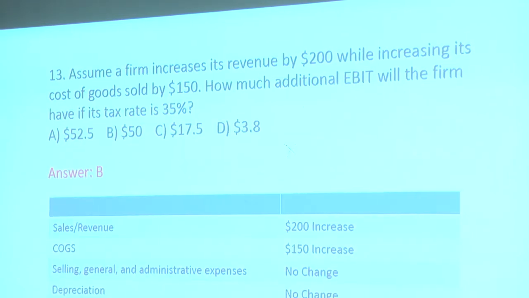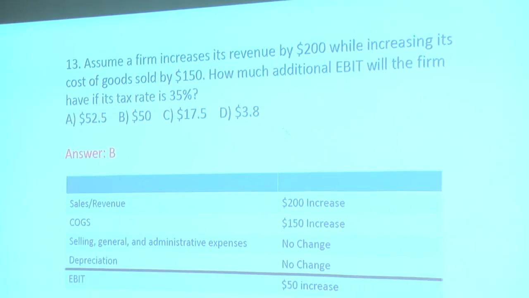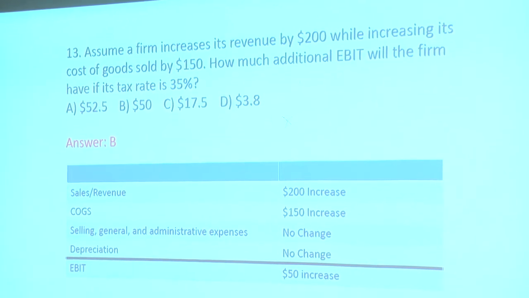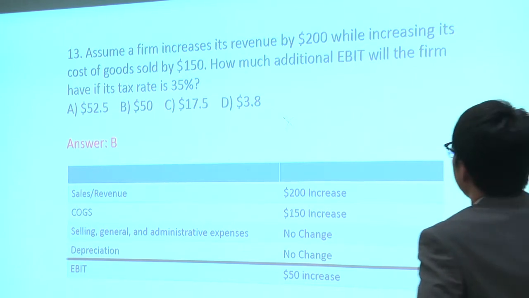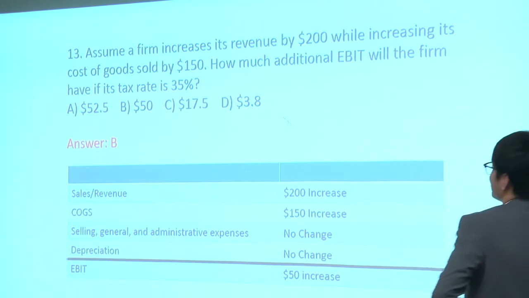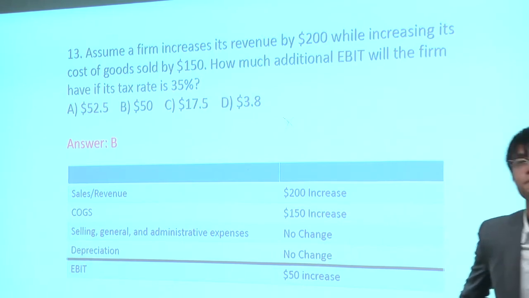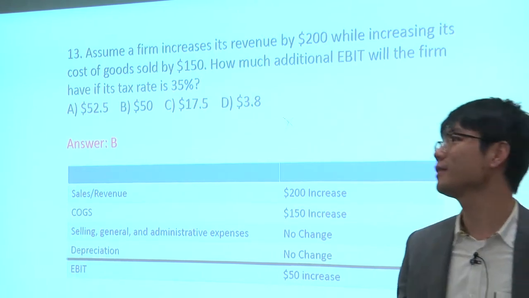Assume a firm increases revenue by $200. We're just using dollars here. While increasing its cost of goods sold by $150. How much additional earnings before interest and tax will the firm have if its tax rate is 35%? So read the whole question carefully.